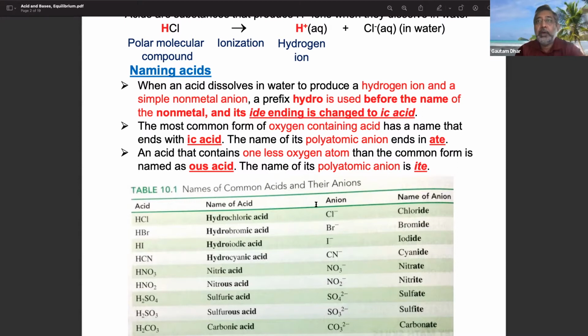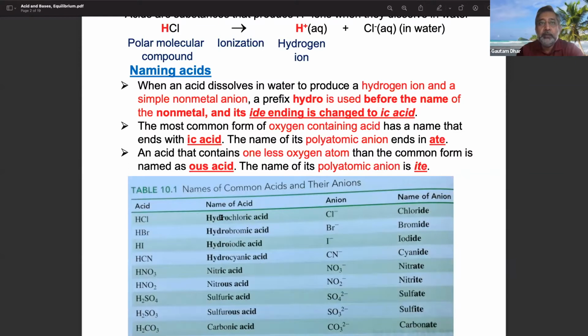Simple non-metal anions means chloride, bromide. These are simple non-metals; you get them from the periodic table. So you put the name hydro in front, and then ic acid. So that becomes hydrochloric acid.